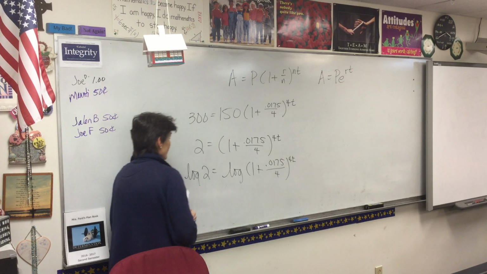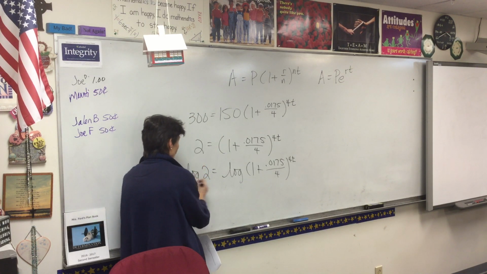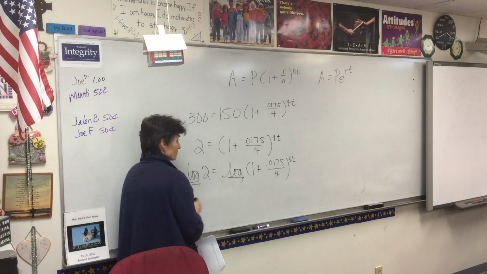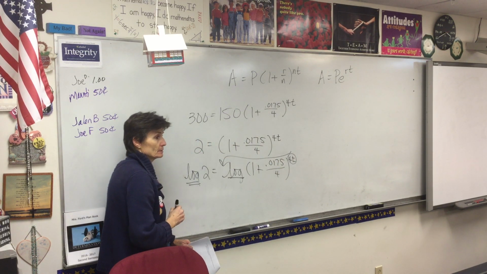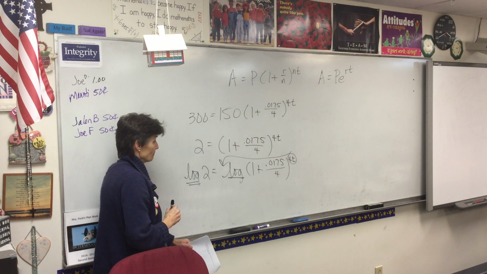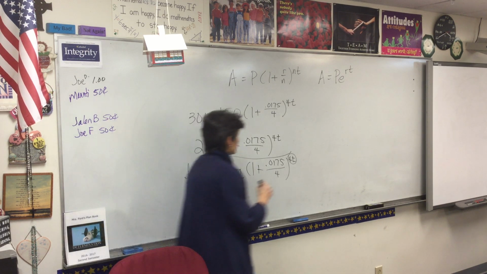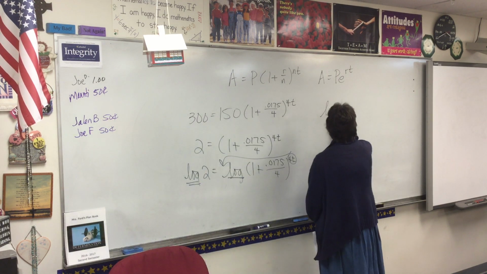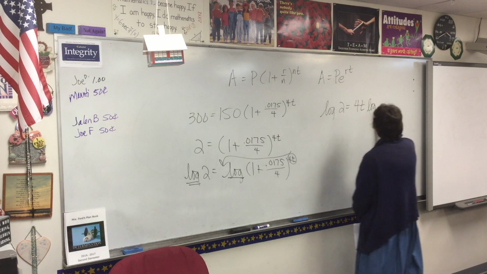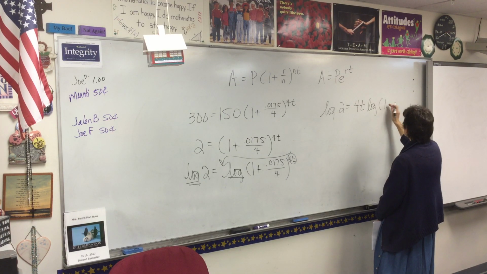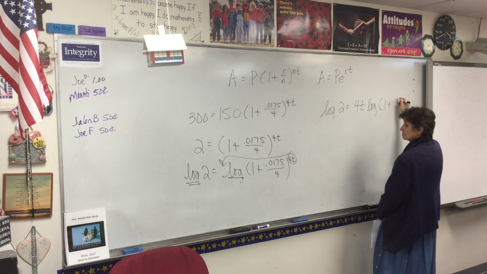And the minute I put the logarithm on both sides, this guy can come out in front. I'm not skipping steps, I am taking my time, because I'm not going to be intimidated by this problem.